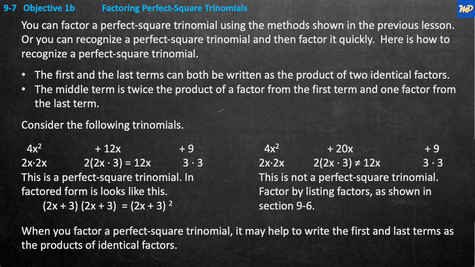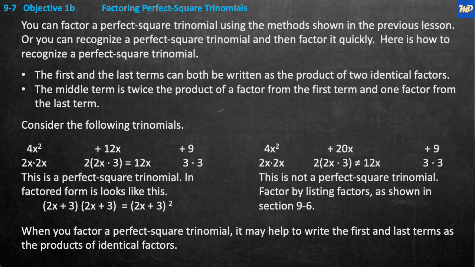So taking this a little further, objective 1b, the second slide: you can factor a perfect square trinomial using the method shown in the previous lesson, or you can recognize a perfect square trinomial and then factor it quickly. That's if you can look and say, oh, that's a perfect square trinomial, then you can do it without going through a lot of steps. Here's how to recognize a perfect square trinomial.